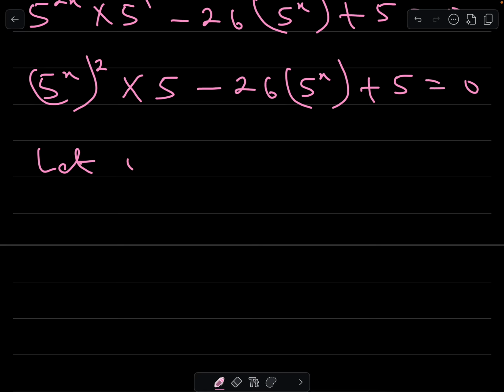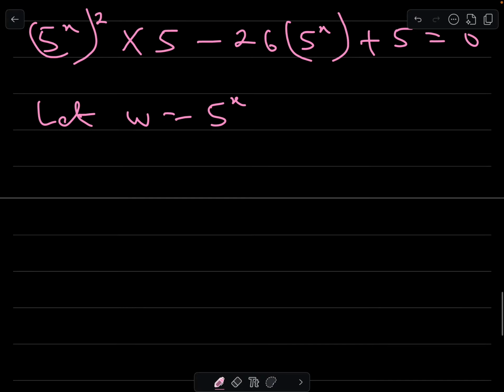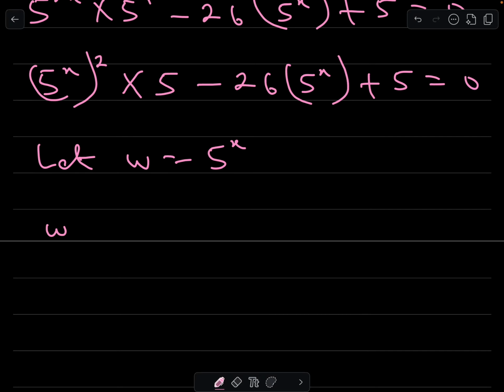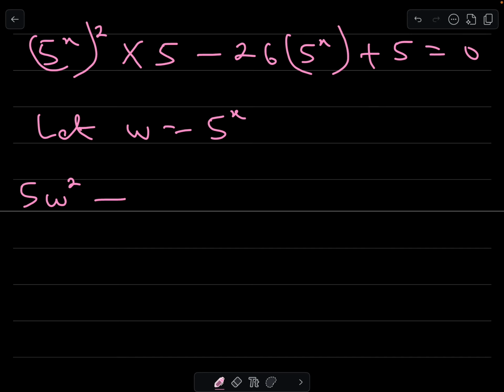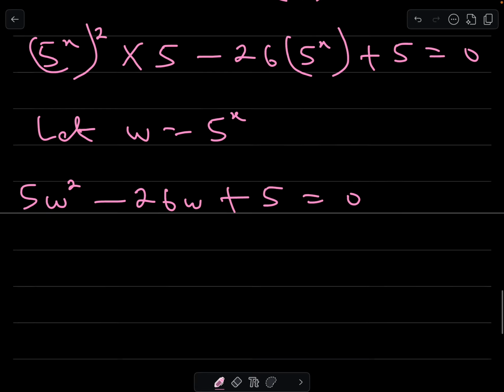Now let w be equal to 5 raised to the power x. That means w squared times 5, that's 5w squared, minus 26 times w will be minus 26w plus 5 equals 0.